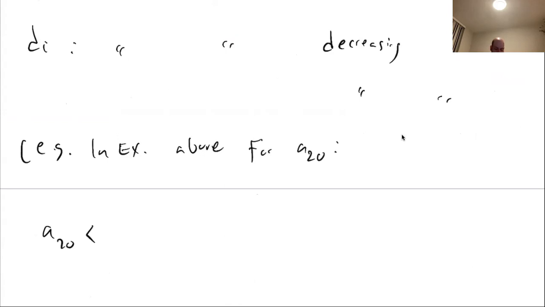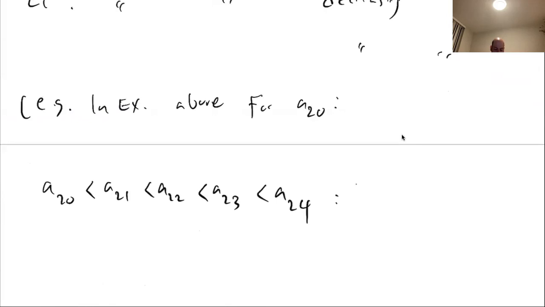So let me say here, for example, in the example above, for A20, we have A20 less than A21, less than A22, less than A23, less than A24.